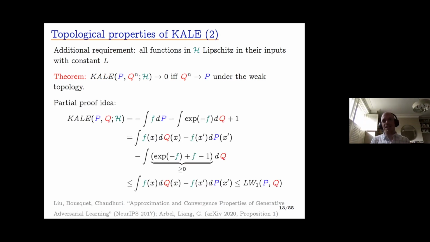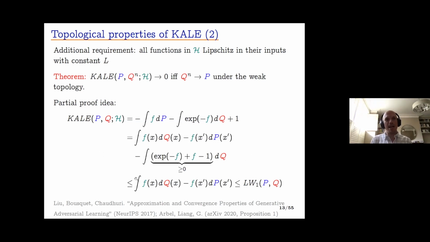Just as a sketch of where this idea can come from, if we start with our KL, which is written here, the first line of these equations is just to remind you of the definition. We can do some very simple manipulation to rewrite that as a difference in expectation under Q of f minus expectation under P of f minus a term here, which is an integral of a function which is non-negative.